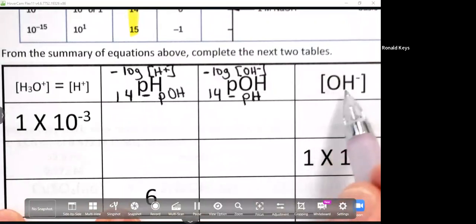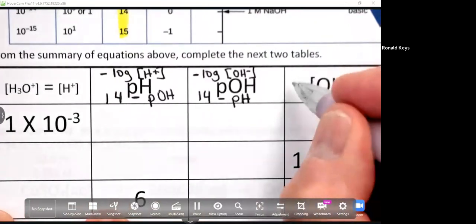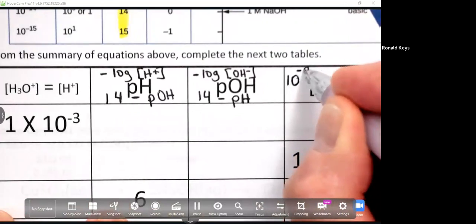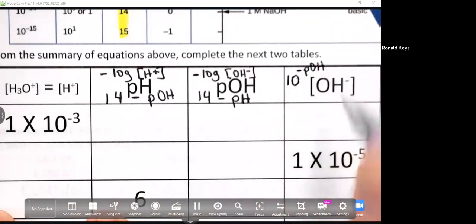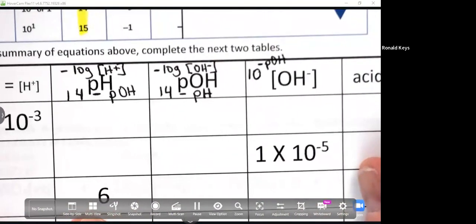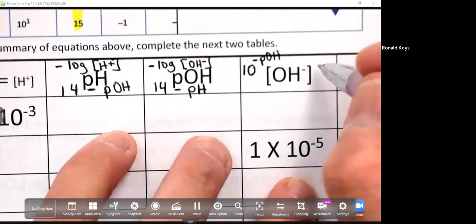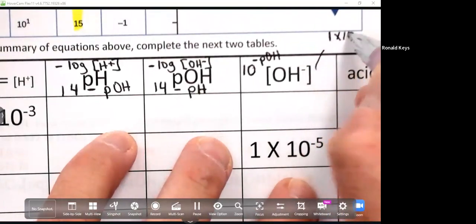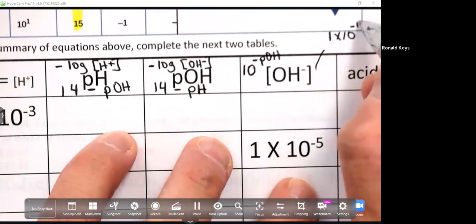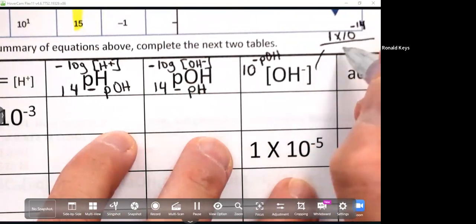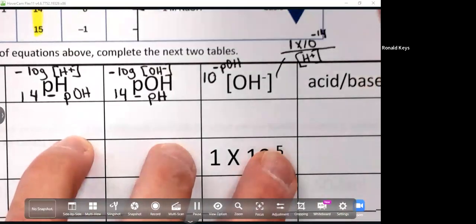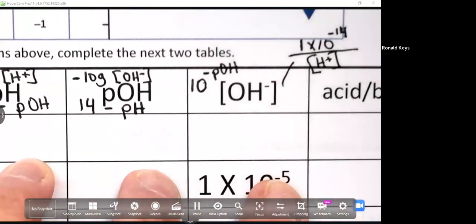We'll put it in. In order to get OH minus, we can take 10 raised to the negative pOH. 10 raised to the negative pOH. And the other way to do it is to take 1 times 10 to the minus 14 divided by the H plus concentration. 1 times 10 to the minus 14 divided by the H plus.